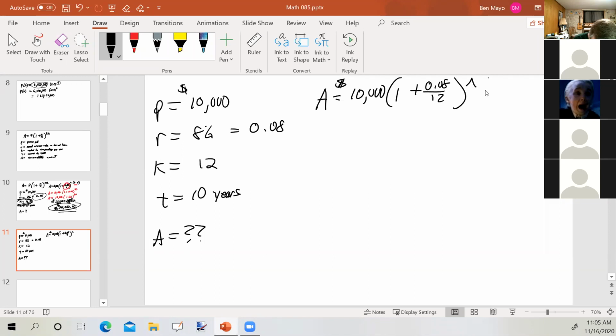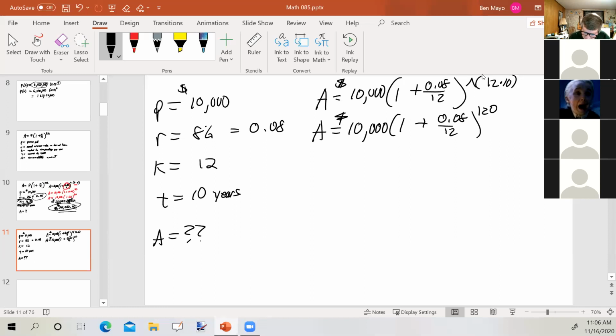Now, if I take 0.08 divided by 12, it comes out 0.006 repeating. So I can't really simplify that part of the problem. I can, however, take 12 times 10 and get 120.